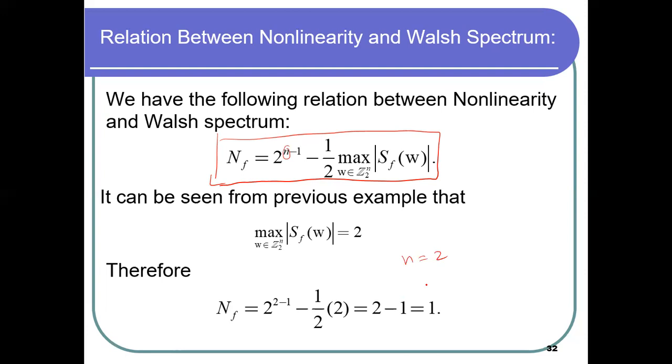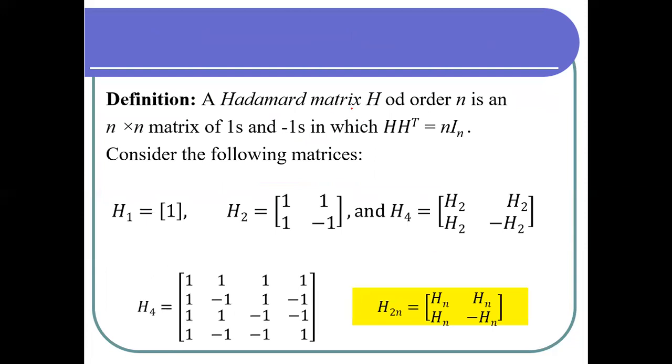Another thing which can also be utilized to calculate the Gauss spectrum is Hadamard matrices. The Hadamard matrix H of order n is an n by n matrix of ones and minus ones, in which H times H transpose equals n times the identity matrix of order n.